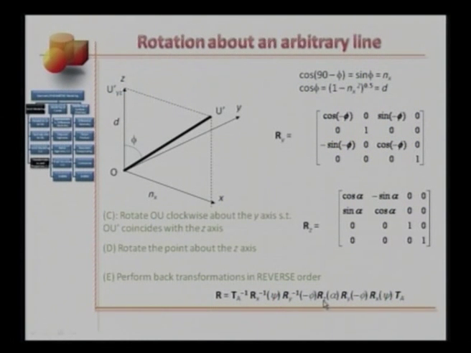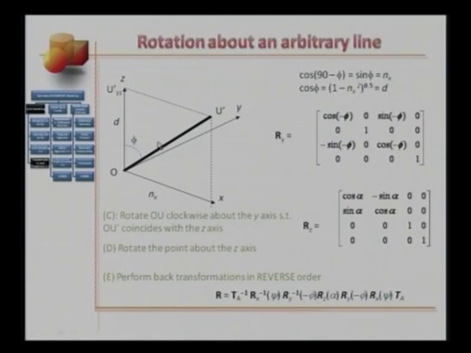We perform the rotation about the z-axis, which is equivalent to performing rotation about the desired line, and then inverse transformation or inverse rotation about the y-axis by minus phi.